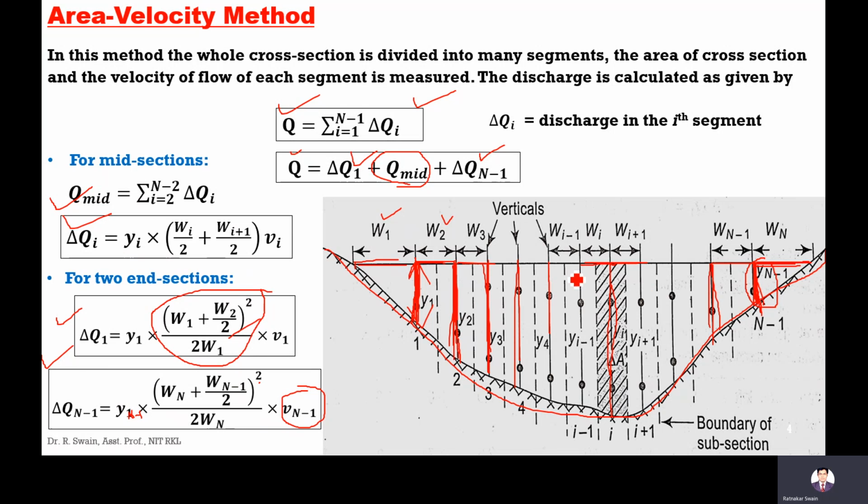Again, for a mid section, it is the depth into the velocity of the segment, into the average width, which is half of the left portion and half of the right portion.